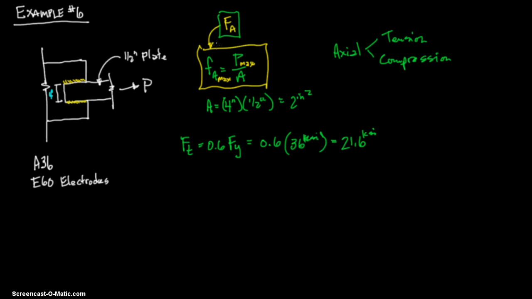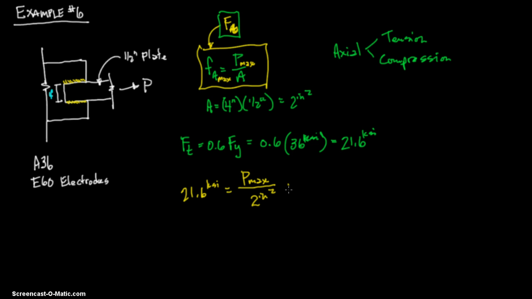So we're inputting our FA, or we now said FT, our tensile stress, which is 21.6 KSI, which is Kips per square inch, which is what I'm assuming they worked it in. And then A, which we said was 2 inches squared.